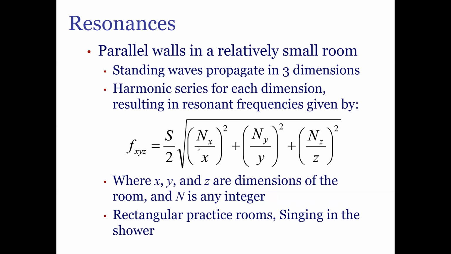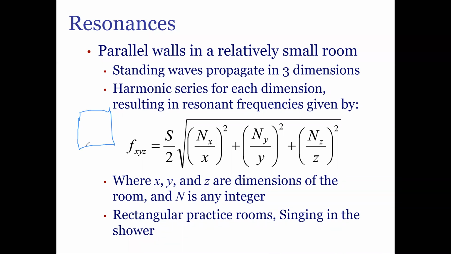And what you can do to eliminate this is make the room so that it's not rectangular. So a typical room, we're kind of square. That's a really bad square.